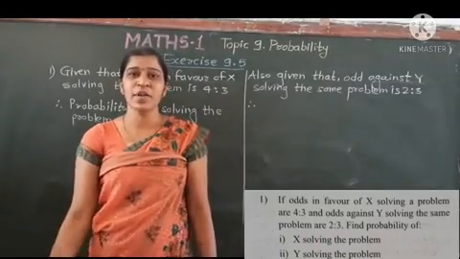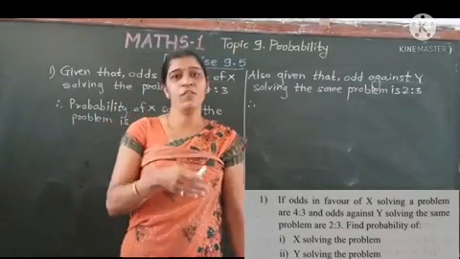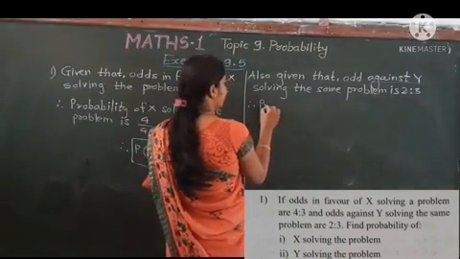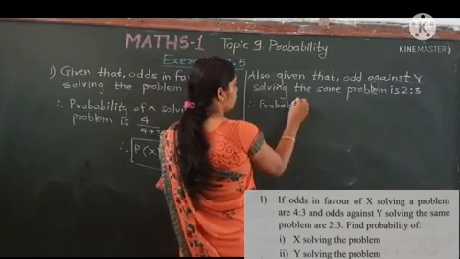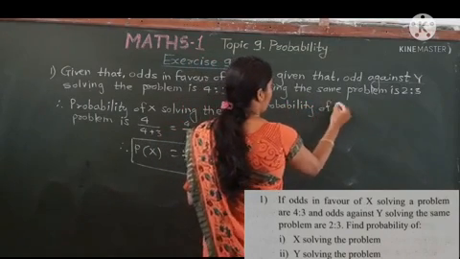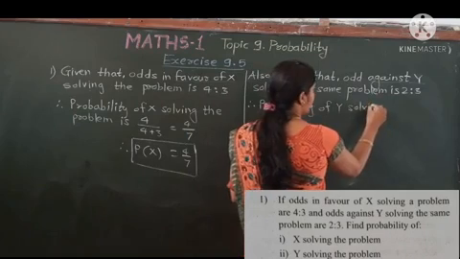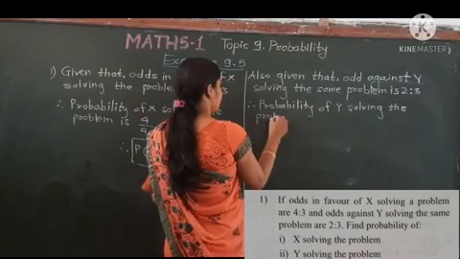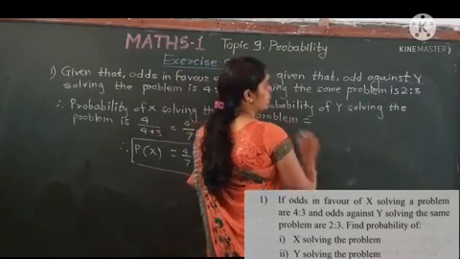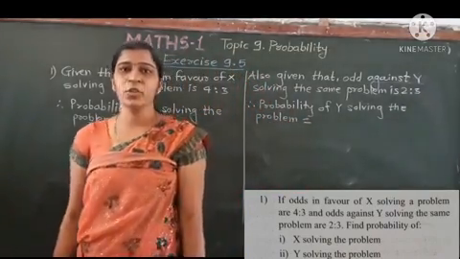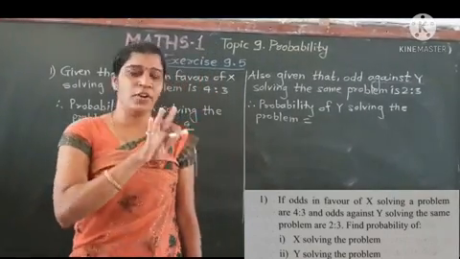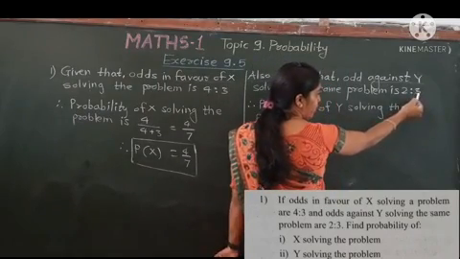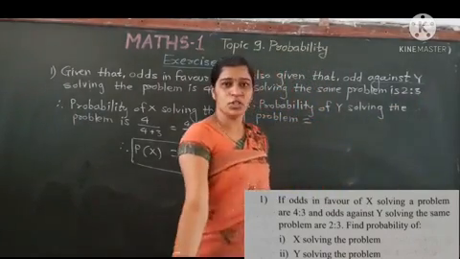Against y means we write unfavorable to favorable ratio. Therefore the probability of y solving the problem is unfavorable to favorable. This is unfavorable and this is favorable. Favorable means solving the problem and unfavorable means not solving the problem.